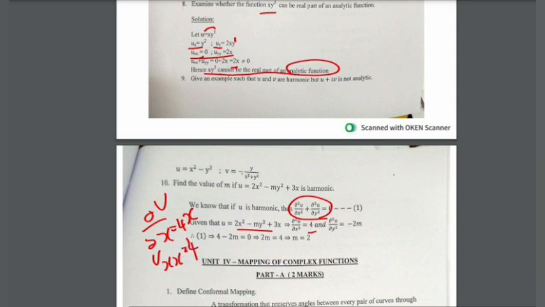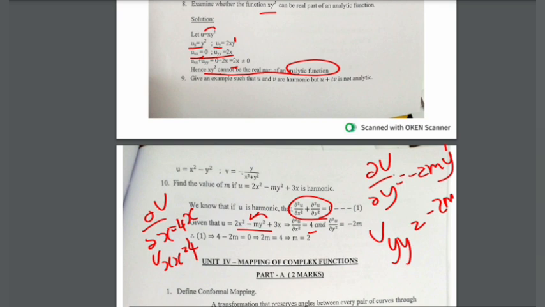Next, differentiate u with respect to y, I get minus 2my. Differentiate u again with respect to y, I get minus 2m. Now I am adding uxx plus uyy, that is 4 minus 2m equals 0. So bring this 2m to the other side and bring this 2 to the other side, it will become divided by 2. So my answer is m equals 2.